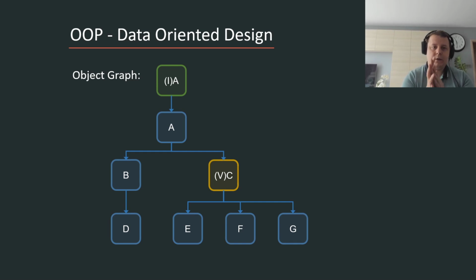So let's look at our sample object-oriented graph, what it might look like. We have an interface here that we inherit from, and this object A has B, and that object has something else, right? We might have an abstract or virtual class that might have multiple implementations, and this is what you're going to typically find in object-oriented systems.